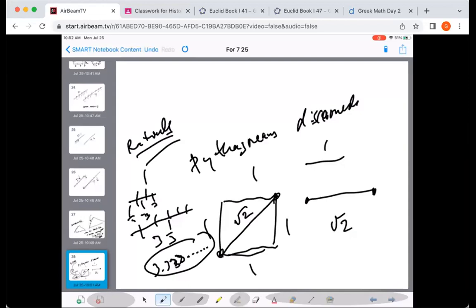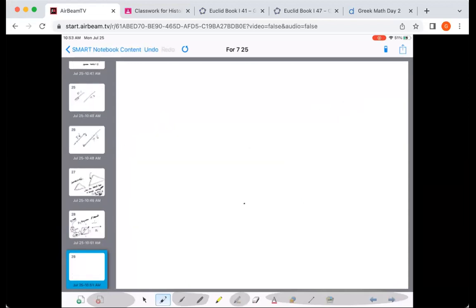They proved it, but I'm not going to show you the proof of it. Can we just say that they proved it, as crazy as that might seem. I'm trying to remember what the proof is.